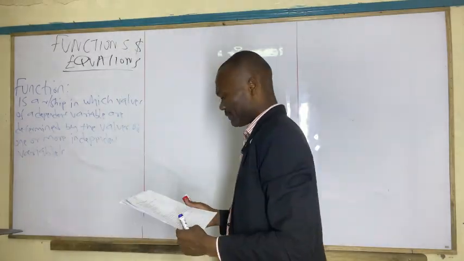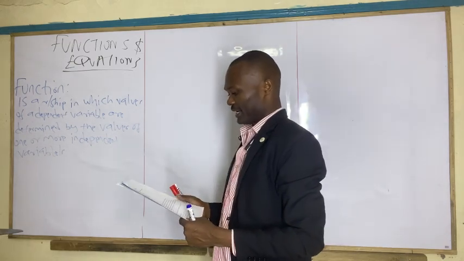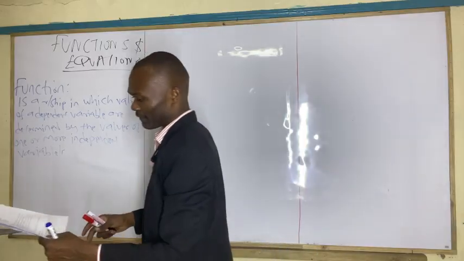Therefore, we say a variable is a quantity that assumes different values in a particular problem. Independent variable is the variable that provides information that determines. So basically, that's what a function is.